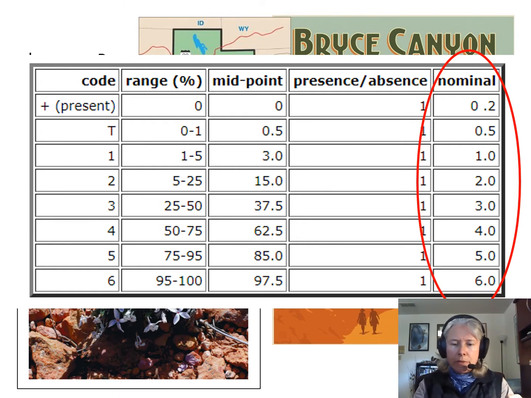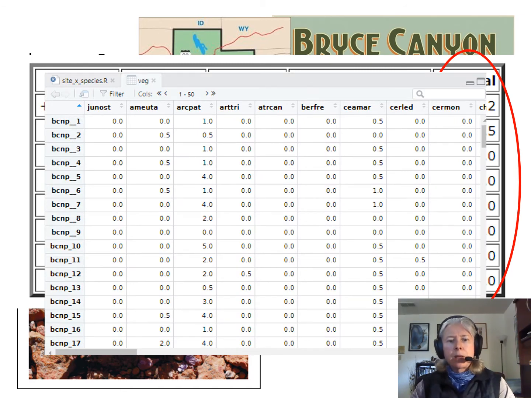And so the actual data set consists of these nominal representations, these category names, rather than actual percent cover. So that's messy, but we'll just have to deal with it. Sometimes you don't get data that are precise or perfect. And so these are the data that we're going to be working with today, this site by species matrix.